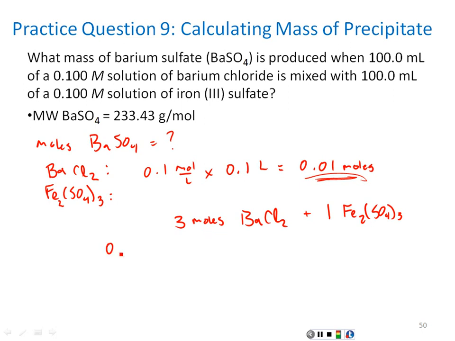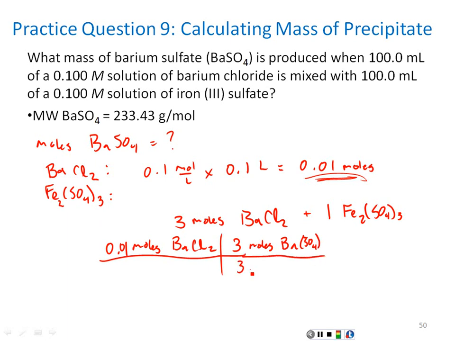So if we start with 0.01 moles of barium chloride, we'd have 3 moles of barium sulfate produced for every 3 moles of barium chloride.